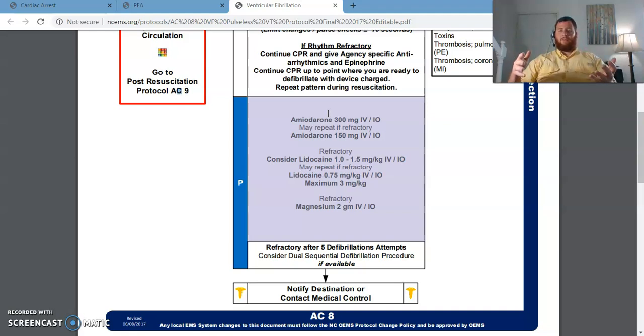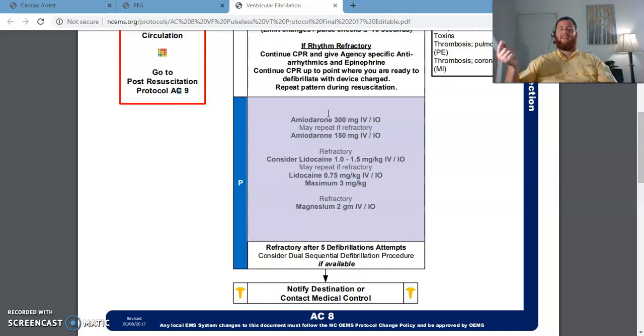The following rhythm check, which means I'm at 4 minutes from when I gave my initial medications, I can give another milligram of epinephrine, 1 to 10,000 concentration, and then 150 milligrams of amiodarone IV push. That is all the amiodarone that I can give. I only give it twice, 300 and then 150.